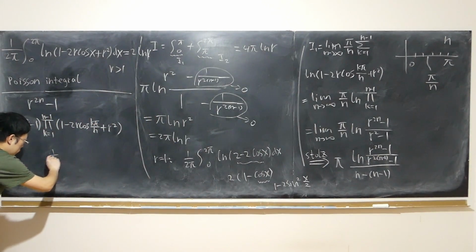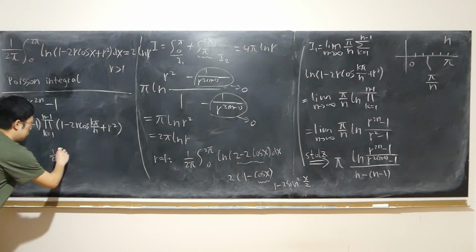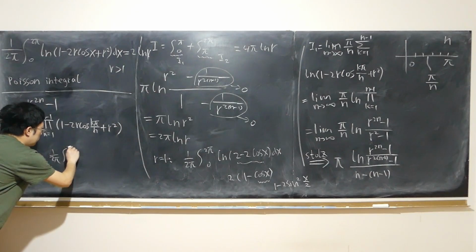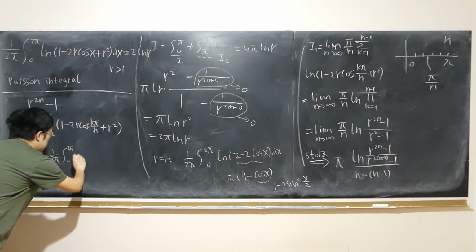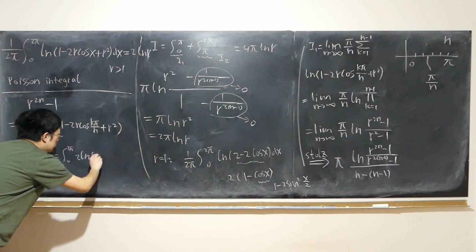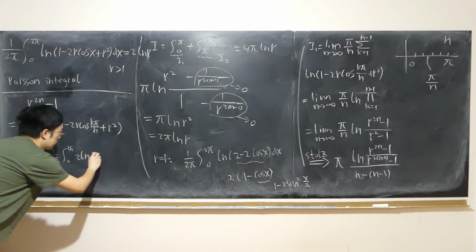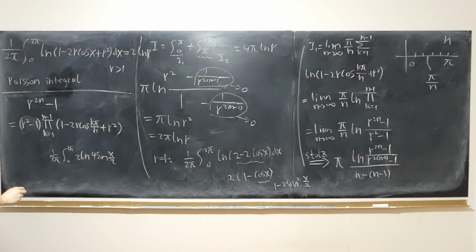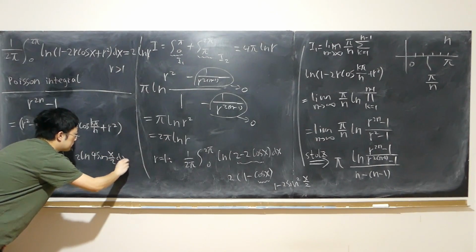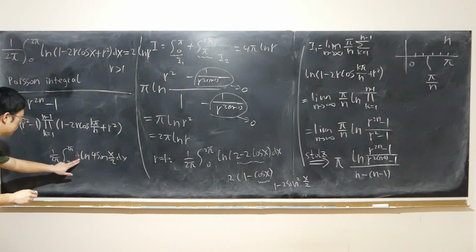Maybe work out 1 over 2 pi times the integral from 0 to 2 pi of 2 times log of 4 times sine half x dx, with 2 taken out.